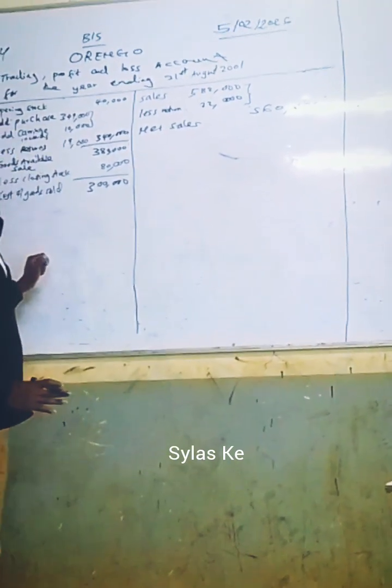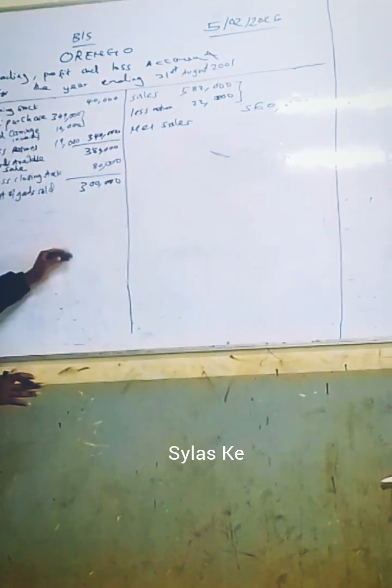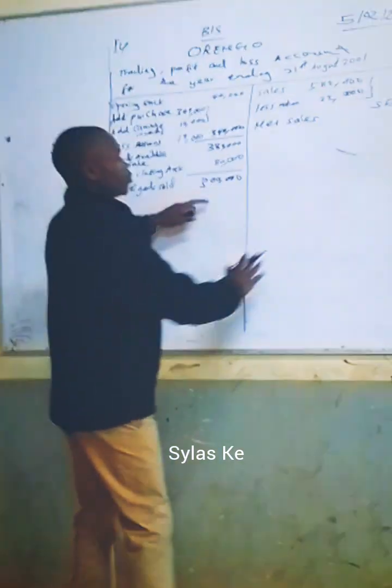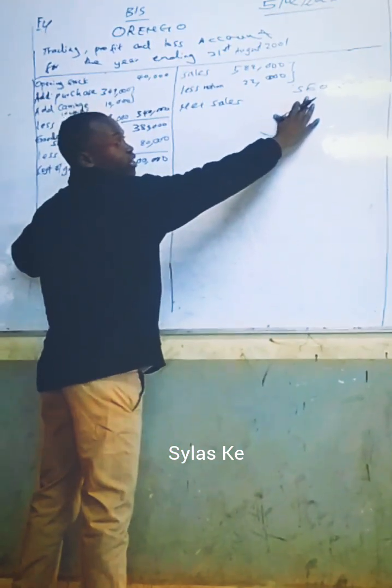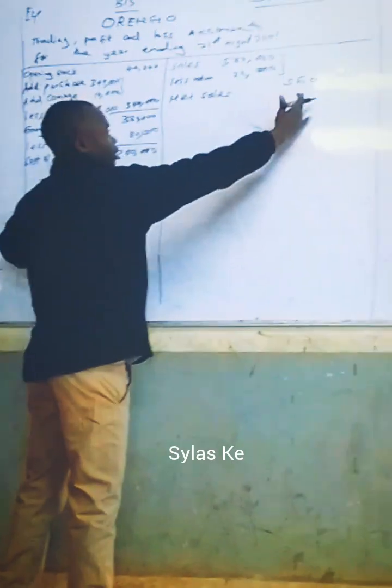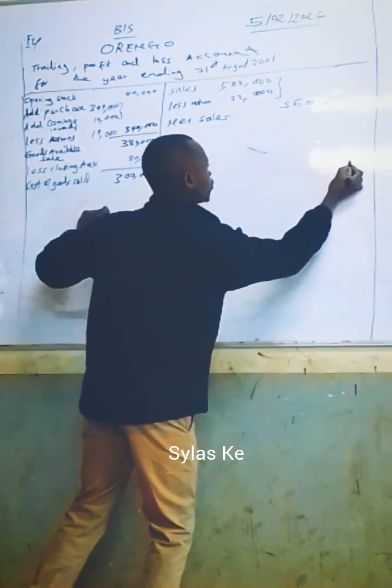Now we want to get the gross profit to complete our trading account. So we take 300,000 and 560,000, the net sales, not sales, so that we get an equal balance here.